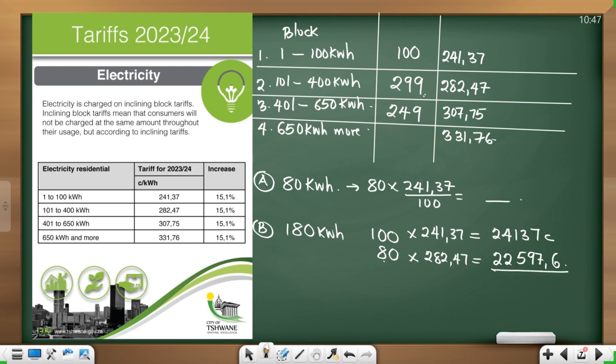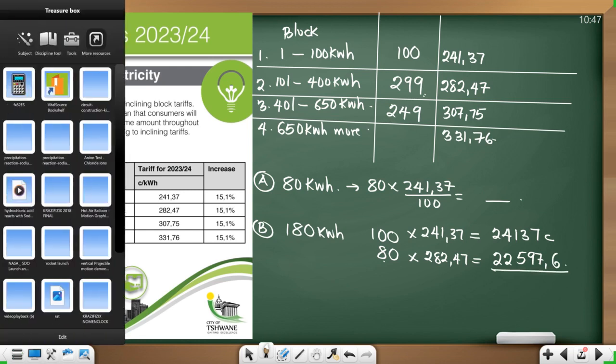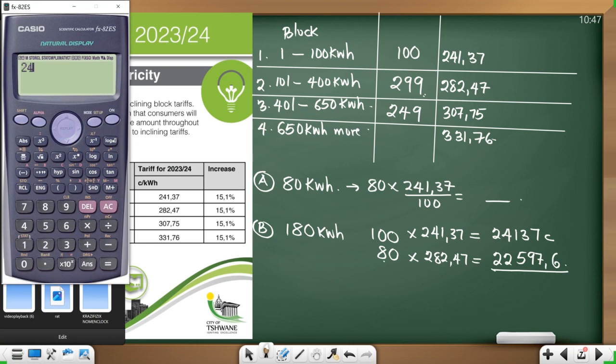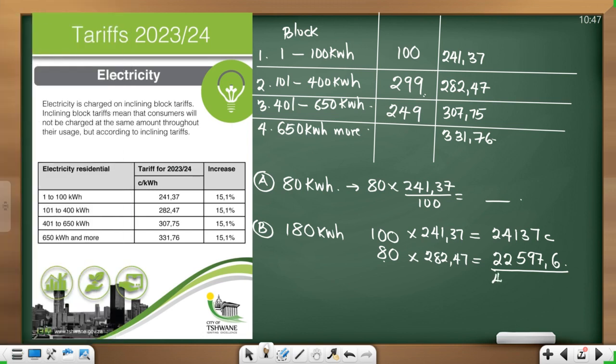I'm going to add both the values together. 24137 plus 22597,6 would give me 46734,6.